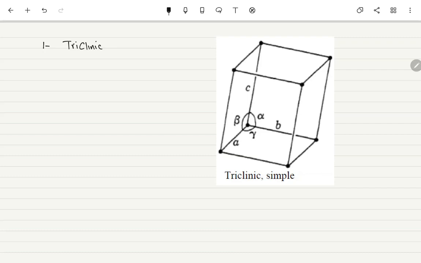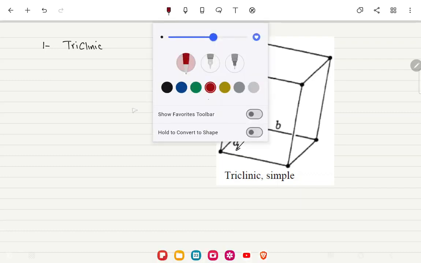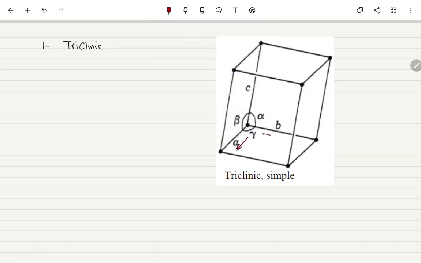As we can see here, we have lattice vectors A, B, and C. In triclinic, A does not equal B, does not equal C, and alpha does not equal beta, does not equal gamma, and it is called simple triclinic. We only have one type of this lattice.